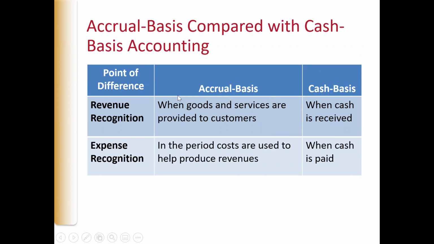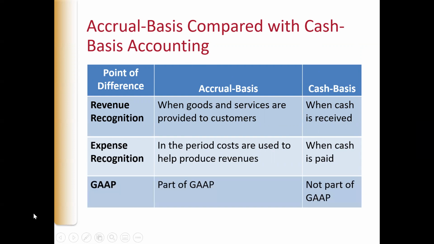With the accrual basis of accounting, we're matching them. The revenues and the expenses go hand in hand. Whereas with the cash basis of accounting, it gets lopsided. Generally accepted accounting principles require accrual basis of accounting. Okay, make sense?